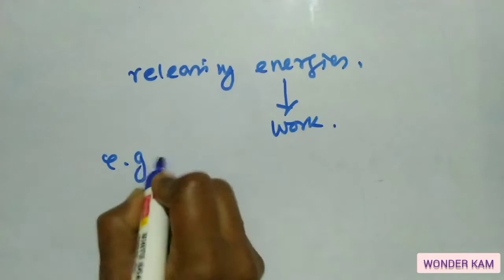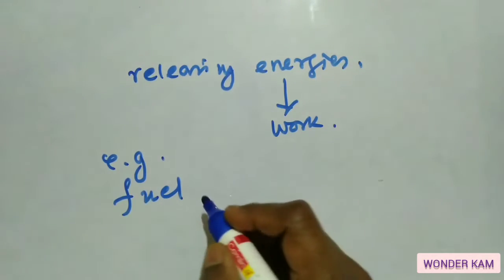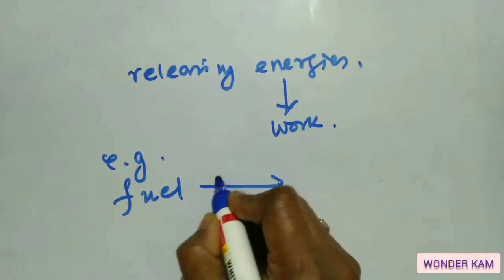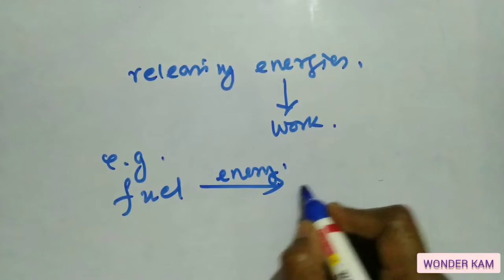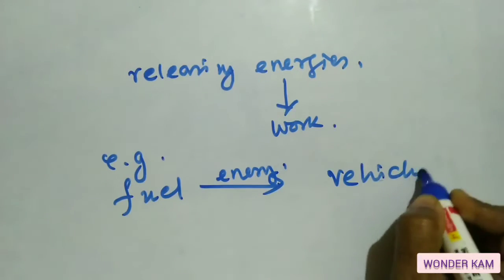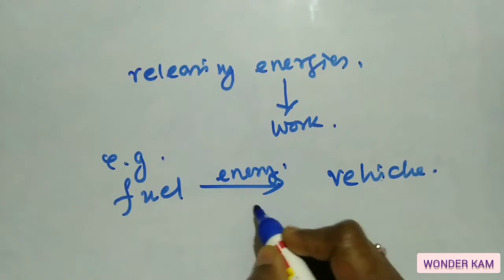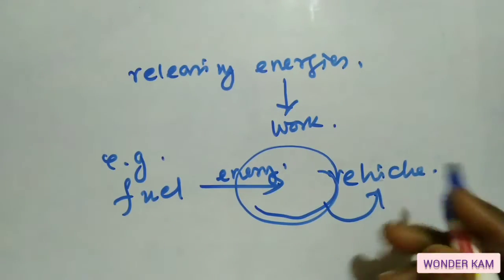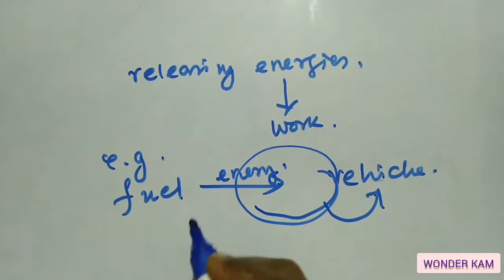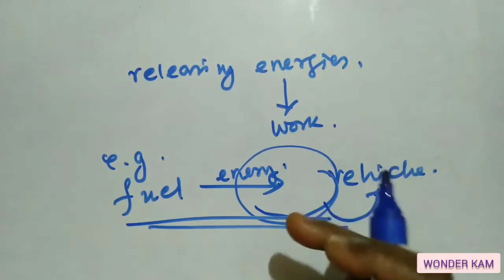For example, in case of the burning of fuel inside a vehicle, which releases energy, and this energy is used to power the vehicle. So you can understand the free energy is that energy which is available in a system to do work or useful work.